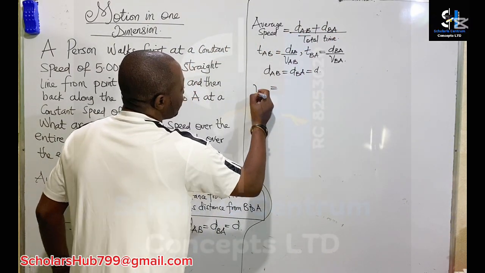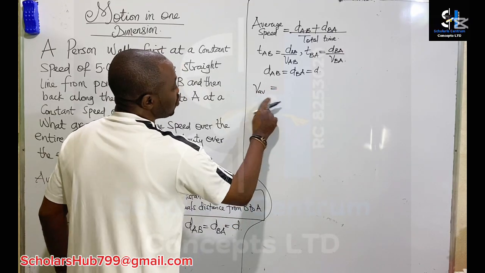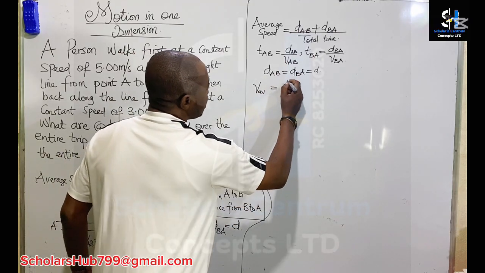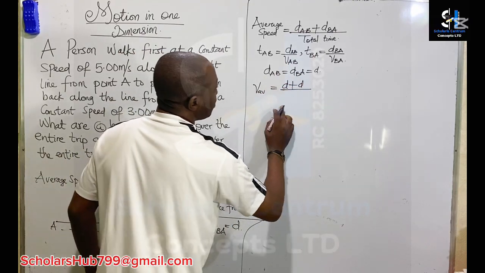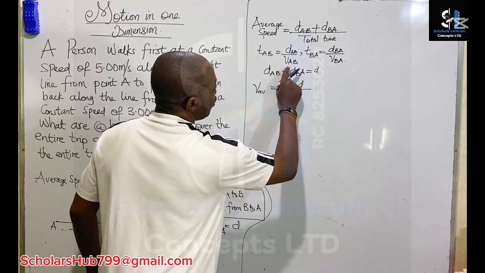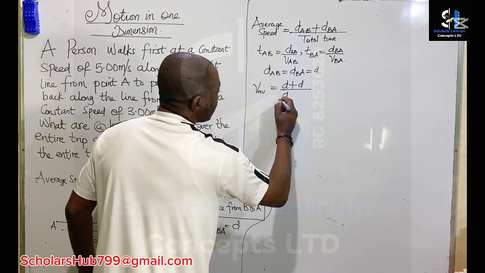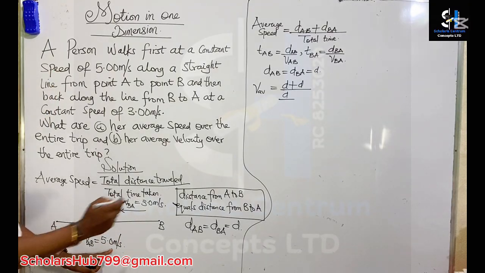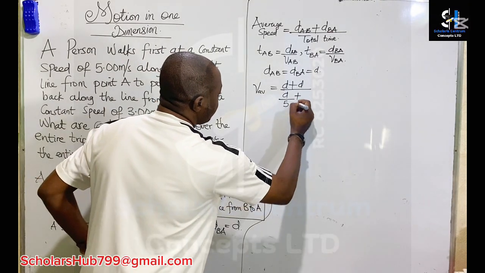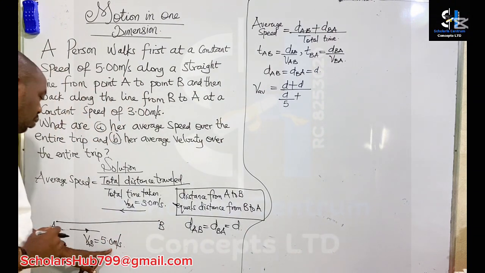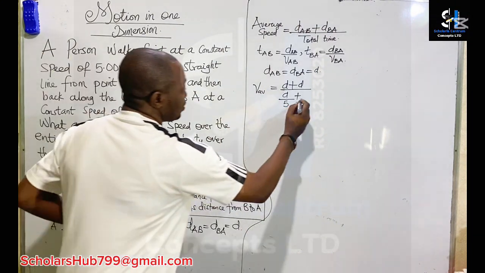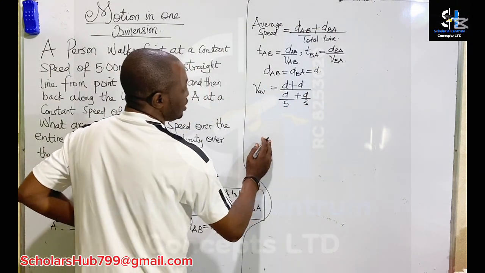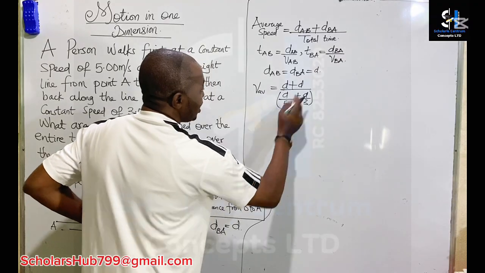So we're looking for the average speed. The average speed will now be D plus D over the total time, which will be D over VAB. VAB is 5 meters per second, so we write D over 5 plus D over VBA, that's 3. Now let's simplify this.